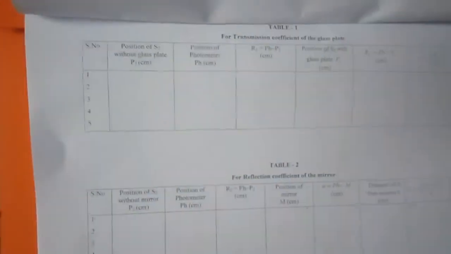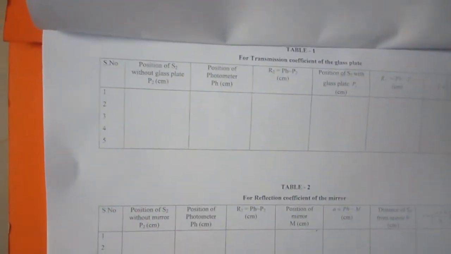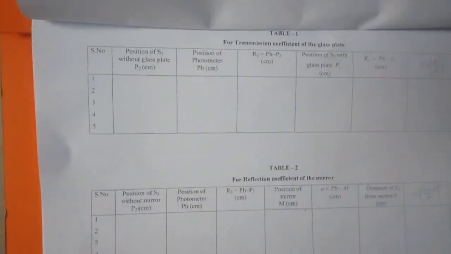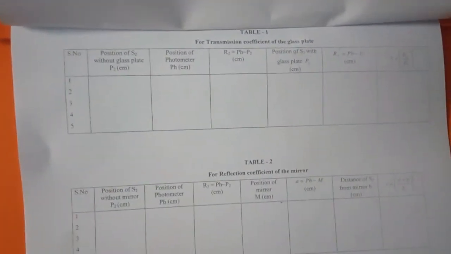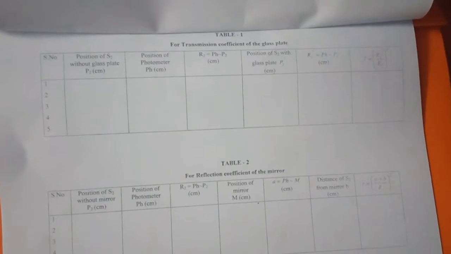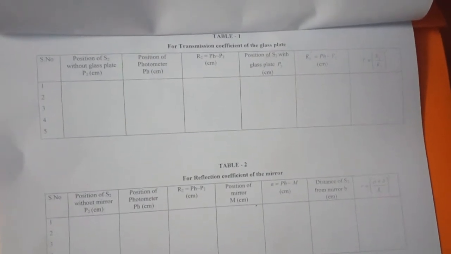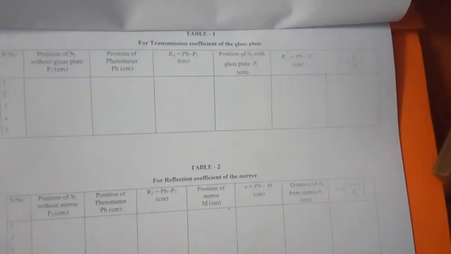Here it is. The readings are recorded in this Table 1. As you can see, position of S2 without glass plate, P2. Position of photometer, then R2 is PH minus P2, that is photometer reading minus source 2 reading. After that we place the glass plate.